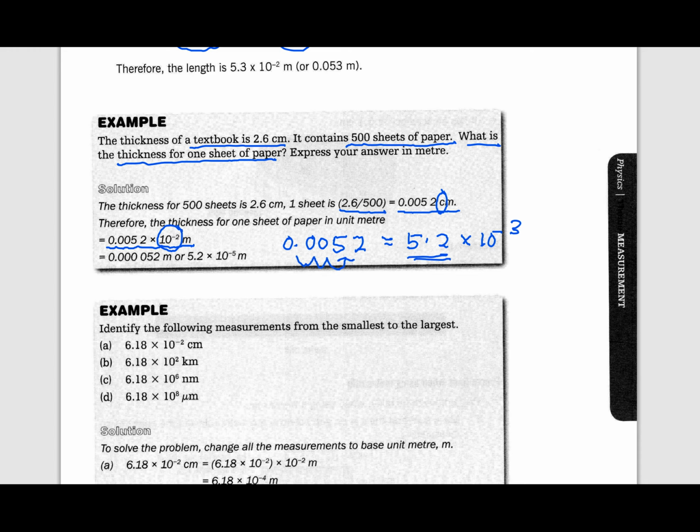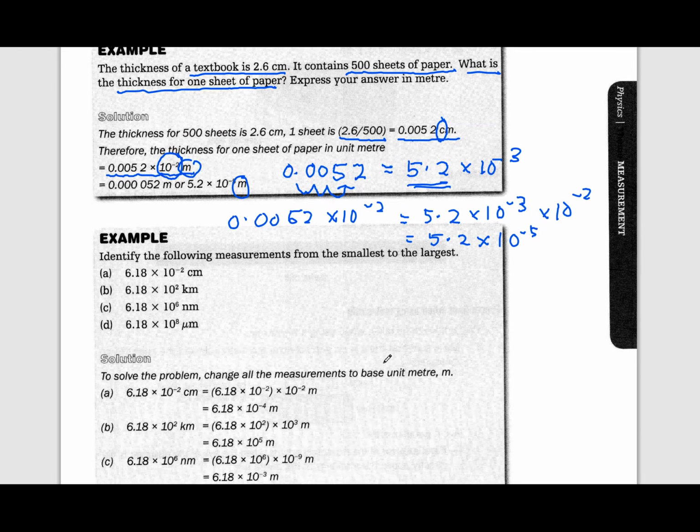Therefore 0.0052 multiplied by 10 to the power minus 2 is actually 5.2 multiplied by 10 to the power minus 3 and multiplied by 10 to the power minus 2, in which case you get 5.2 multiplied by 10 to the power minus 5. Of course, you keep the base unit.